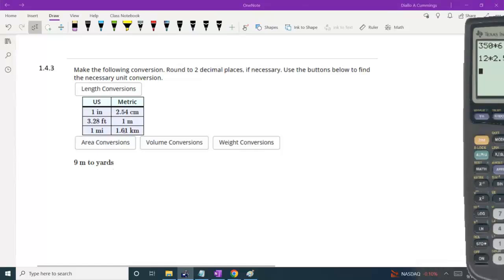If you look in our conversion, there is no direct conversion from meters to yards. But there's a conversion from foot to meter. So we're going to have to convert meters to feet, and then we can convert feet to yards. Some conversions, like feet to yard, aren't even on here, but that's one of the basic length conversions from that first section.